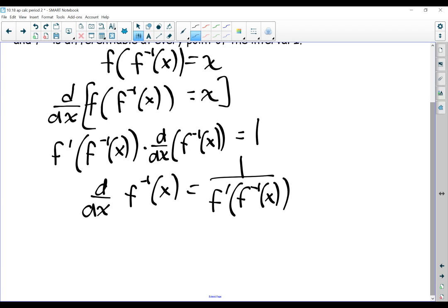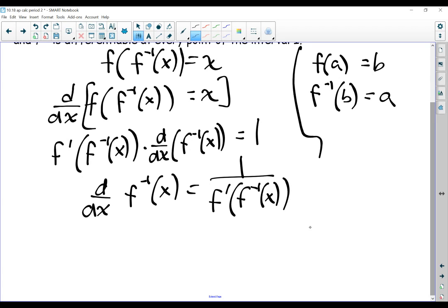So now, here is one thing that you need to understand. If we have the point (a, b) on the f function, that means the inverse function would have (b, a).